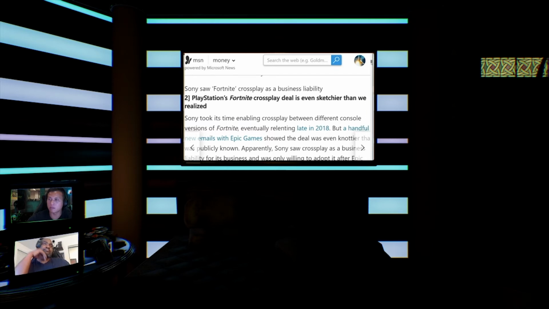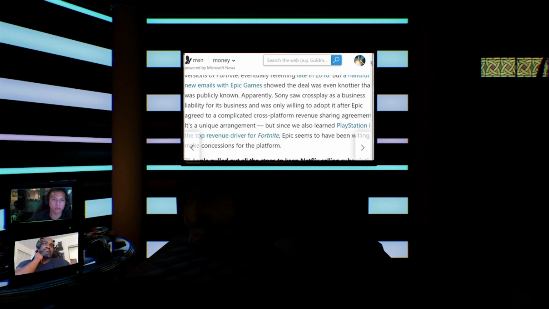Because they're sitting there with the numbers in front of them, and they're obviously, hey, I want more of the pie. If you want to open this up for Sony players to play with others, it benefits you obviously because your game is going to be bigger, but we need to see some of that cheese to make this work.